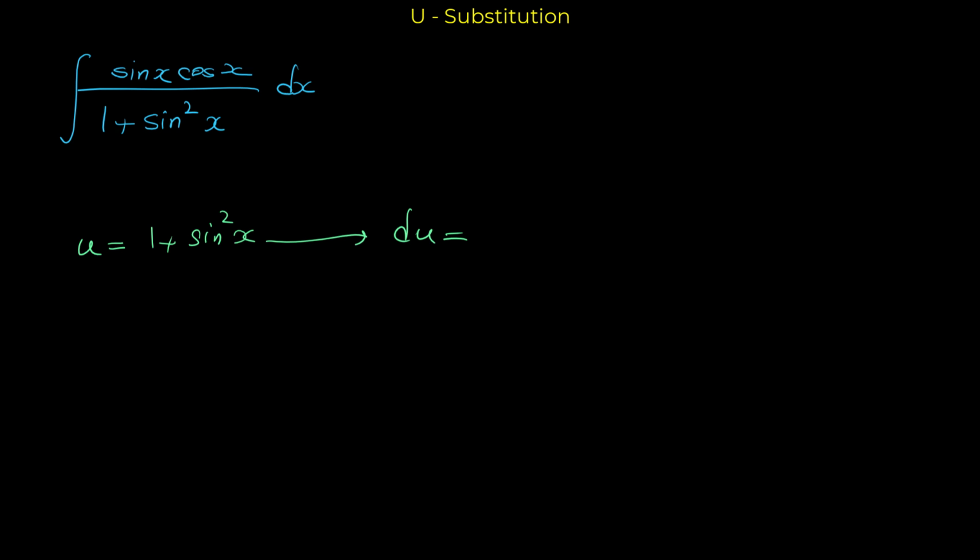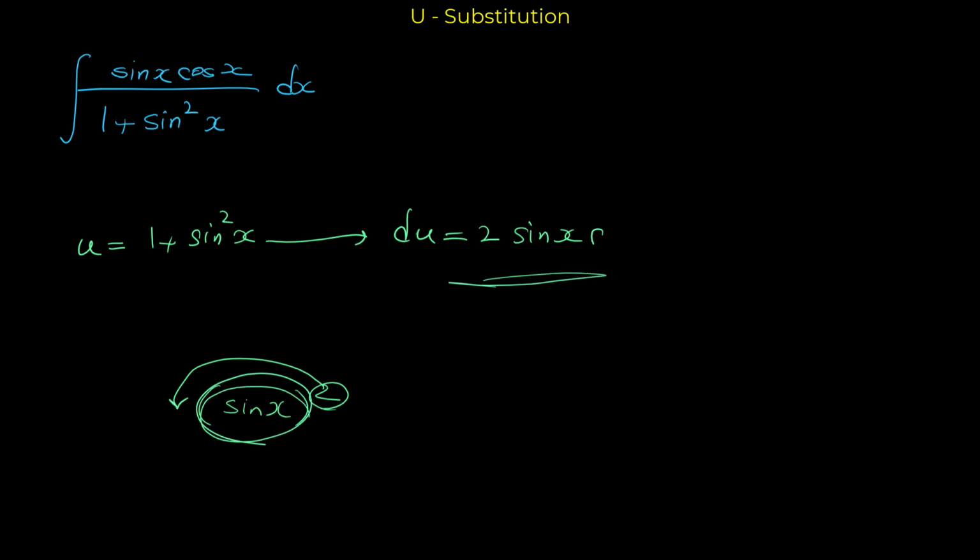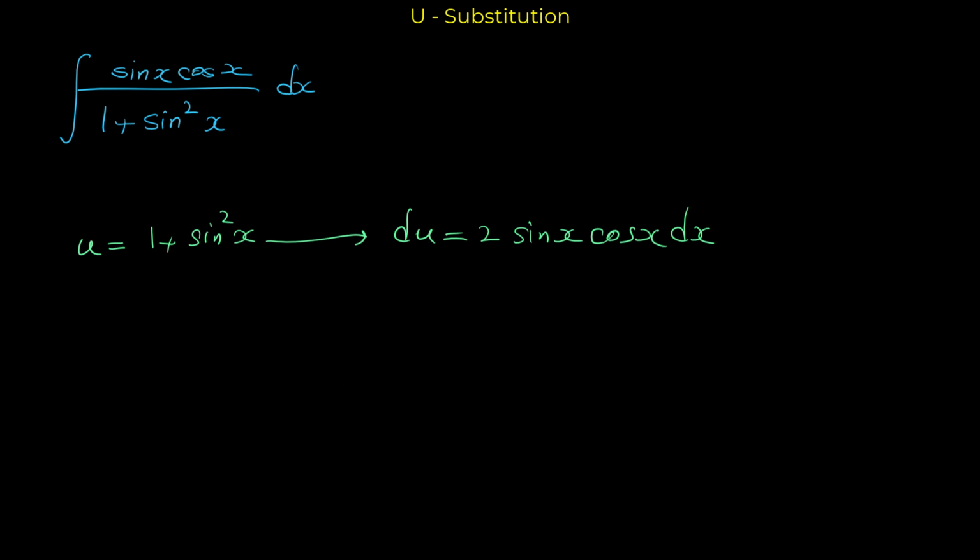Bring the power down, sine squared is sine of x, all squared, subtract the power by 1, then you have 2 sine x. Don't forget to multiply by the derivative of the inside, which is cosine. So the derivative is this.